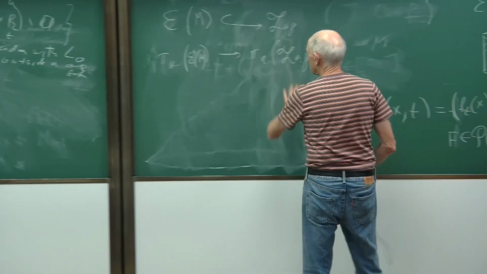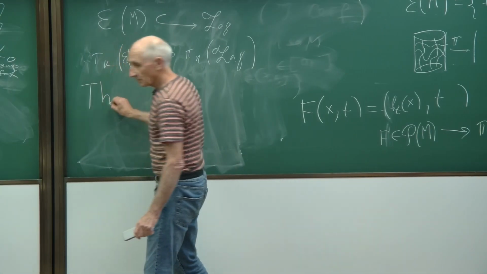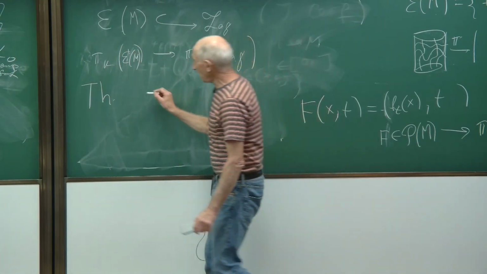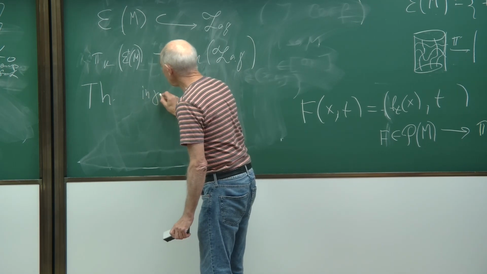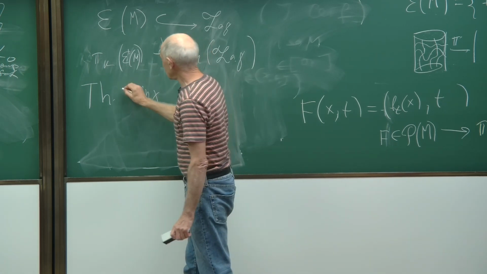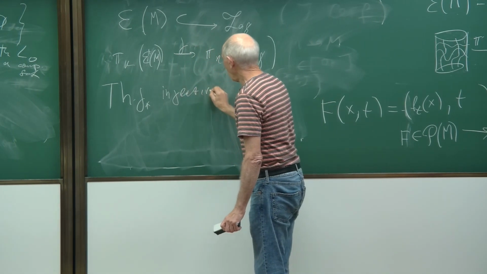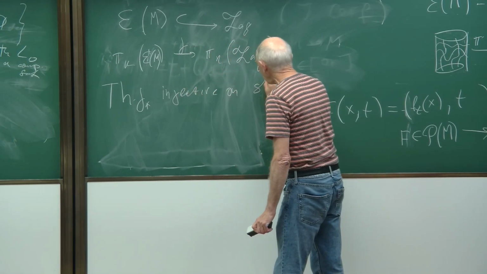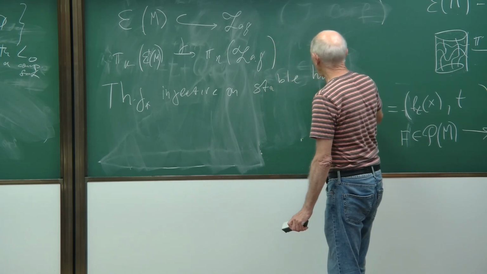So you have this inclusion, and the theorem is that this map, this homomorphism, let's call it J, so J star is injective on stable homotopy groups.